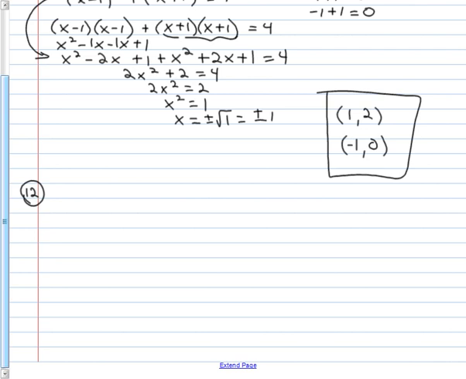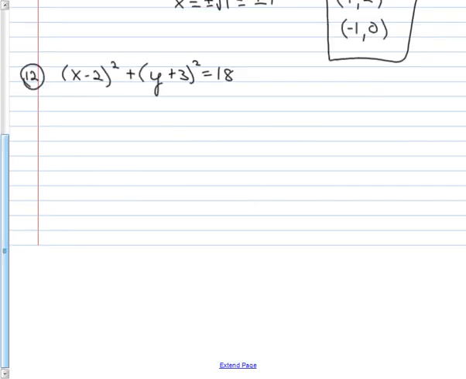(x - 2) quantity squared plus (y + 3) quantity squared equals 18. And this time the equation of the line is y equals negative 2x minus 2. Again, I'm going to substitute.